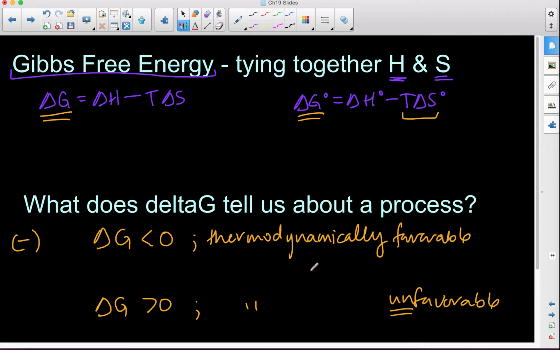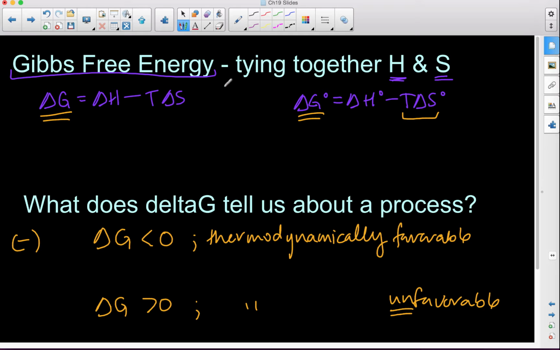Going back to what we talked about with Hess's law, if I have a process as written that is thermodynamically favorable, the reverse process is, by default, unfavorable. If it's a negative delta G in one direction, flipping it makes it positive. Likewise, if it's unfavorable in one direction, flipping it makes it favorable in the other direction.